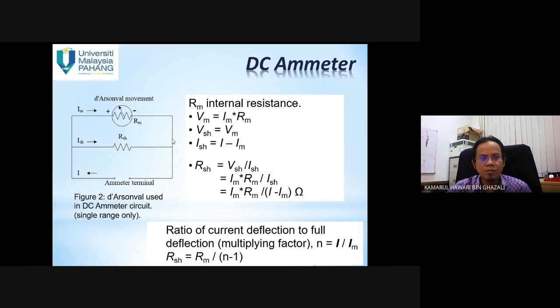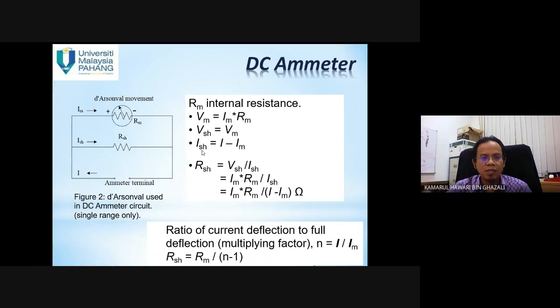If you want to measure the voltage of the meter, VM equals the current IM multiplied by RM. V shunt equals VM, which is VSH equals VM.